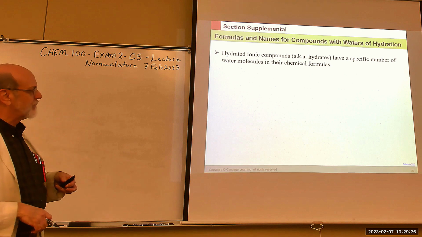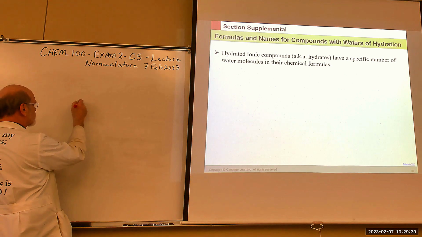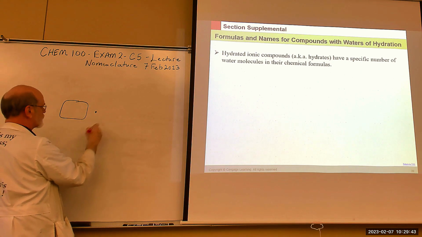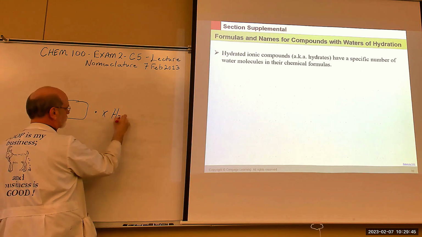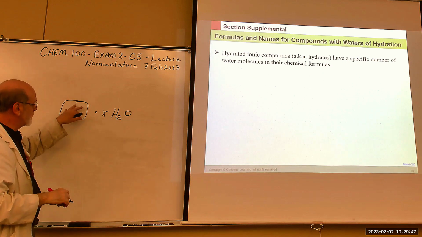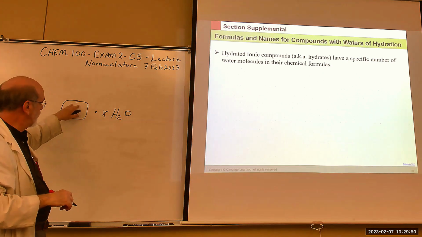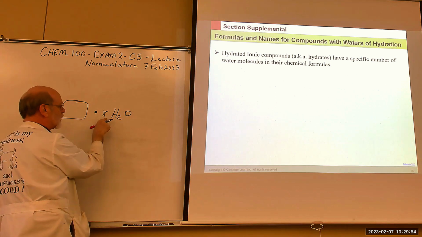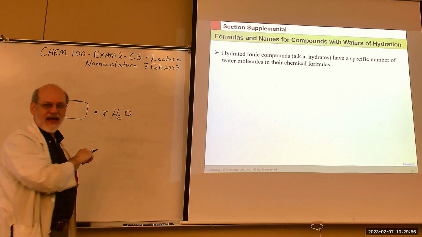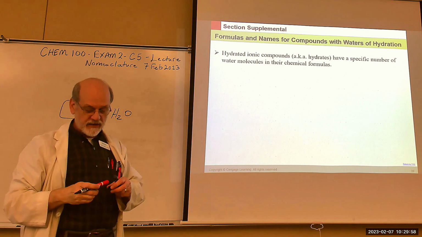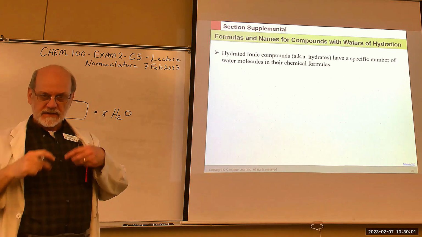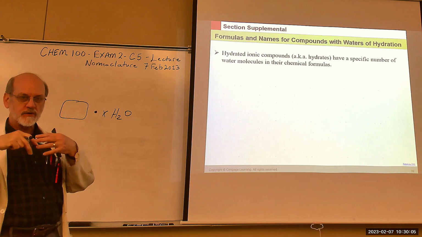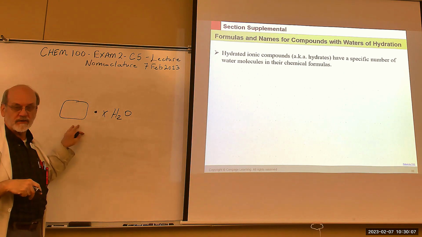When you have a hydrated compound, the compound name sits here, and then it's attached to so many waters. So you have the name of the compound, the formula of the compound, and then a dot in the middle of the line, and then a number of how many water molecules are attached. These are independent, separate water molecules, but they're in the crystal structure of the ionic compound, right?